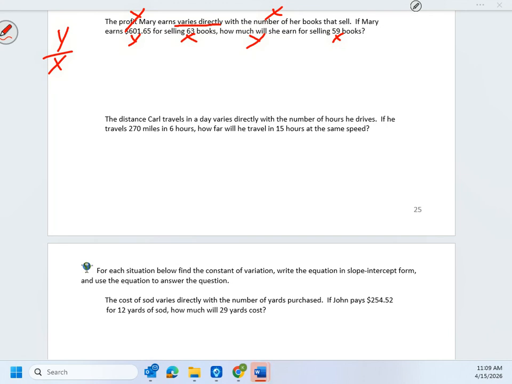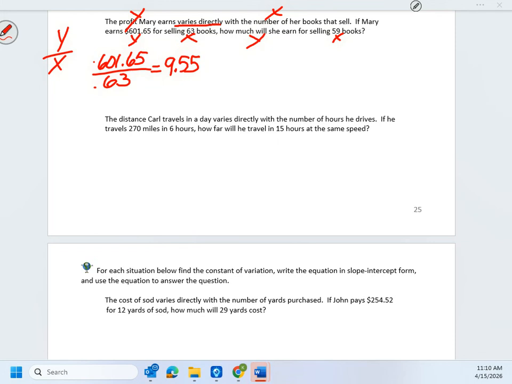So what am I going to divide? Tell me what equation to write. 601.65 divided by 63. So my Y divided by my X, what do I get? 9.55. Okay. Next step.